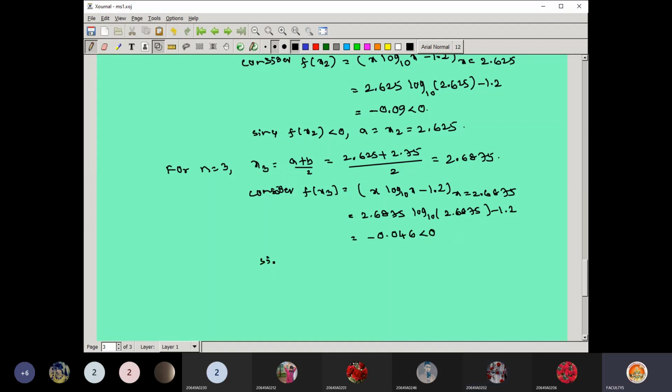So better you state here, since f of x3 is less than 0, a value is changing, a equal to x3. So x3 value for us came as 2.6875. Now you go for the last approximate, because going up to maximum 5 is enough.